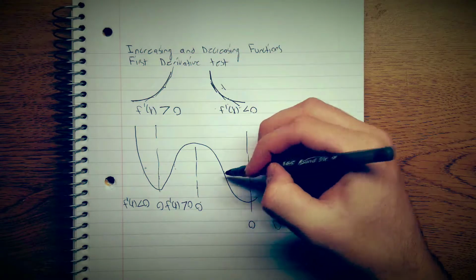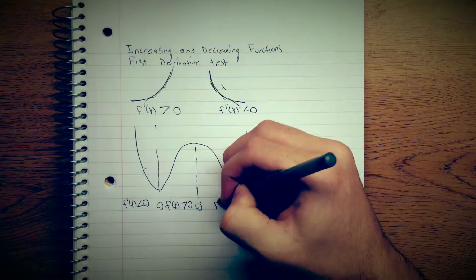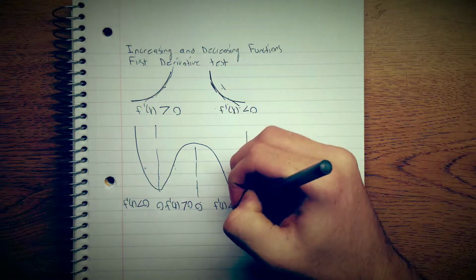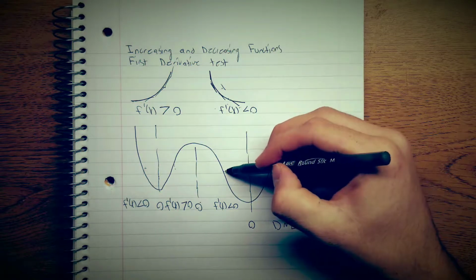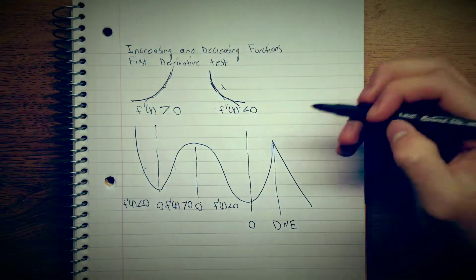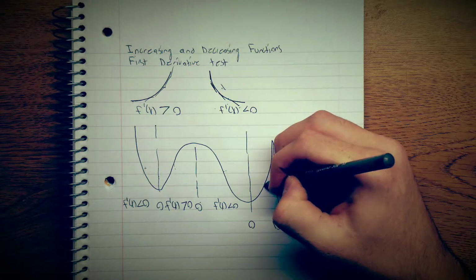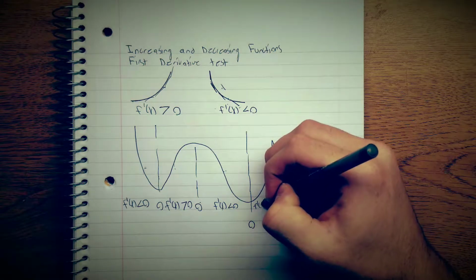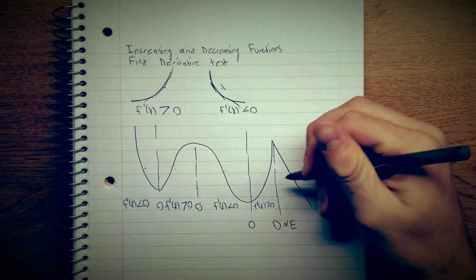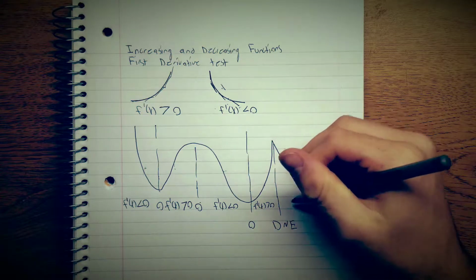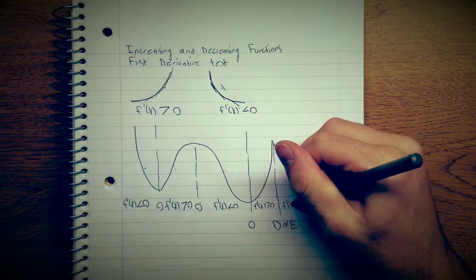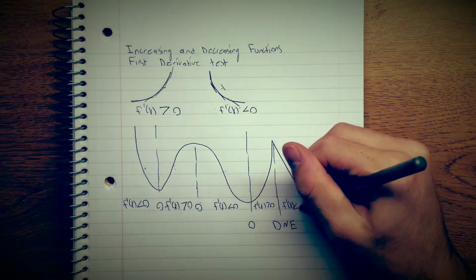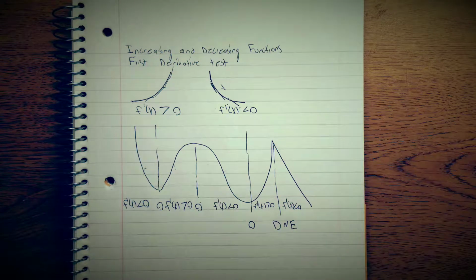If we plug a value in here, we'll find f prime of x is less than 0 because it is decreasing. Same goes for this column. We find that f prime of x is greater than 0 because it is increasing, and f prime of x is less than 0 because it is decreasing.